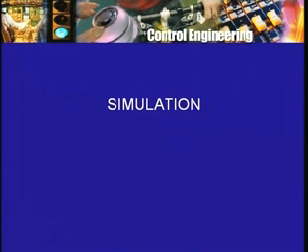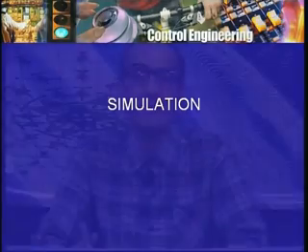So one will say that the electrical network or circuit can be used to simulate the mechanical system, or the other way around, the mechanical system can be used to simulate the electric circuit or the electric network.